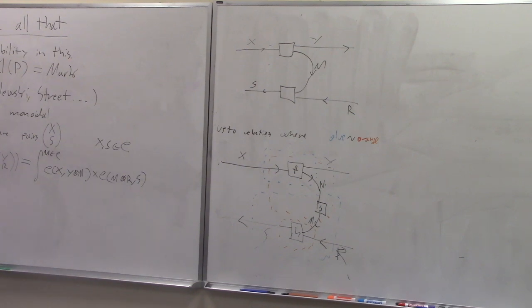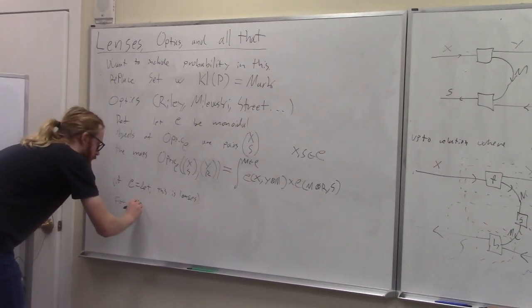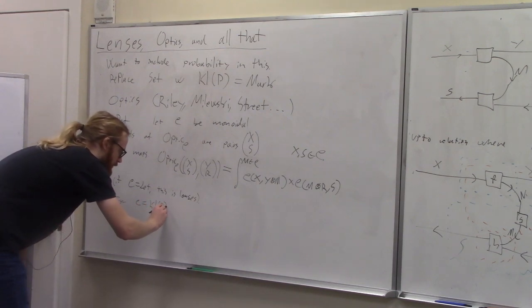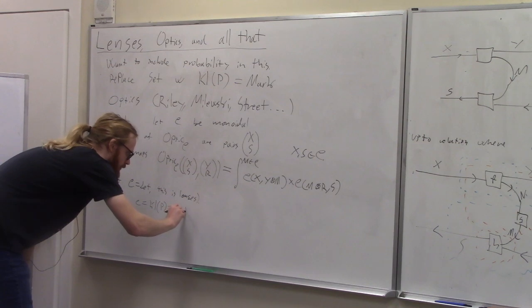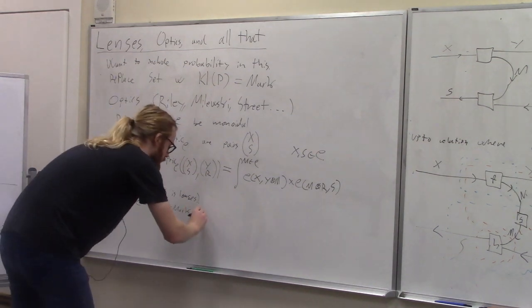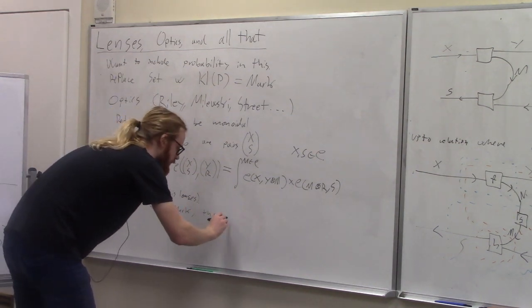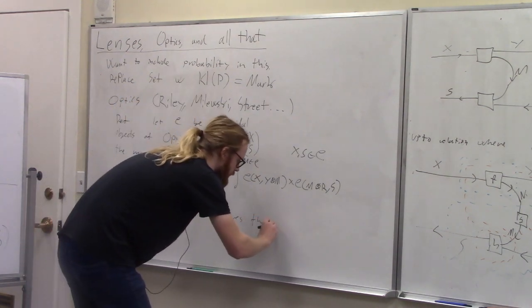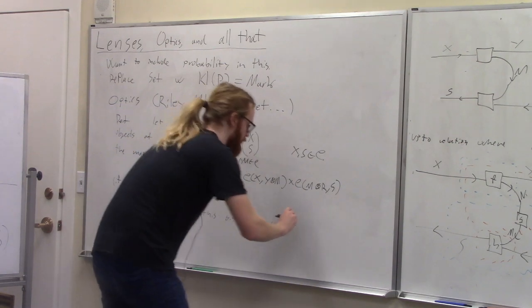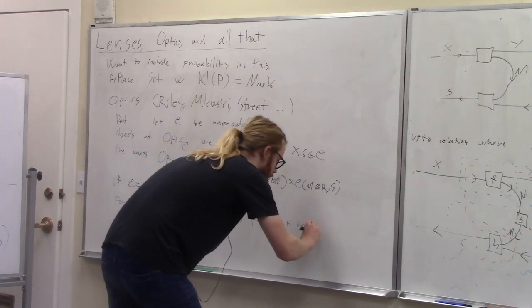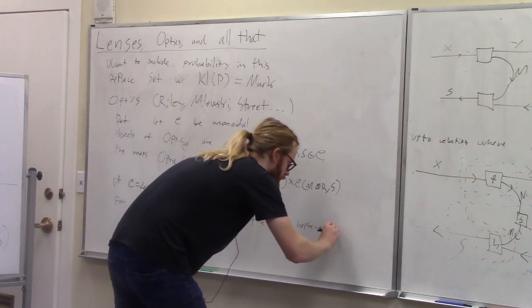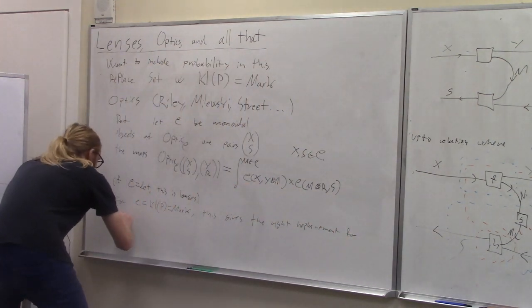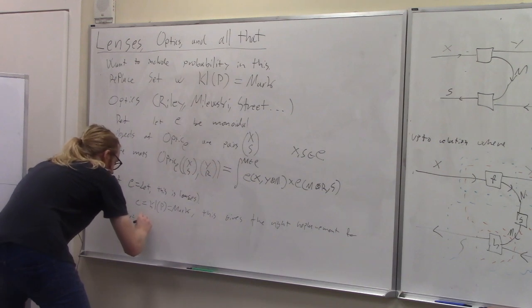So for C equal to the category of Markov kernels, this gives the right replacement for lenses for game theory.